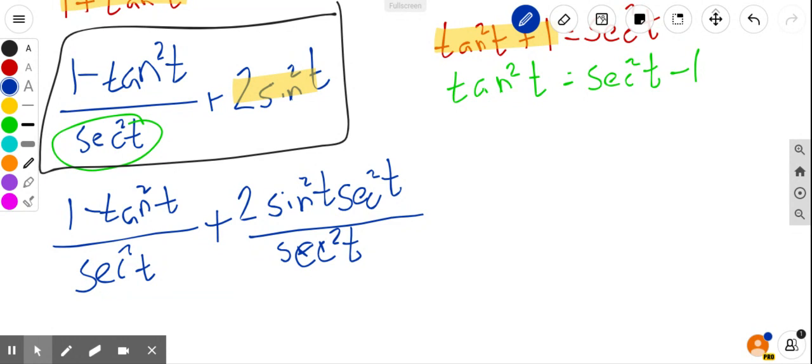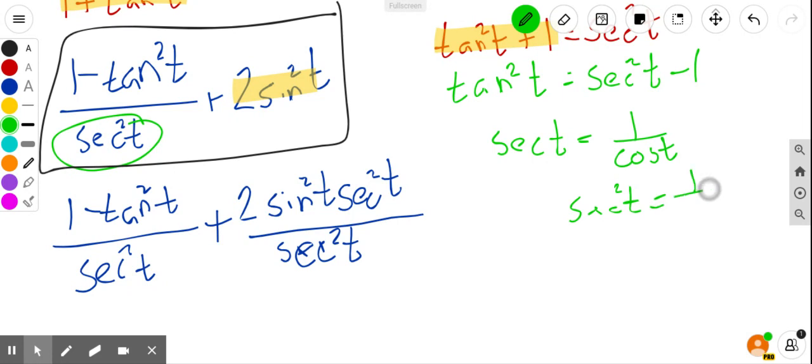And so here I go. This looks messy. Maybe I made a mistake. But wait a minute. Secant is 1 over cosine. So then secant squared is 1 over cosine squared.